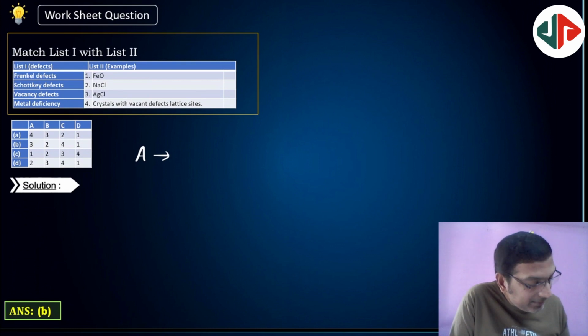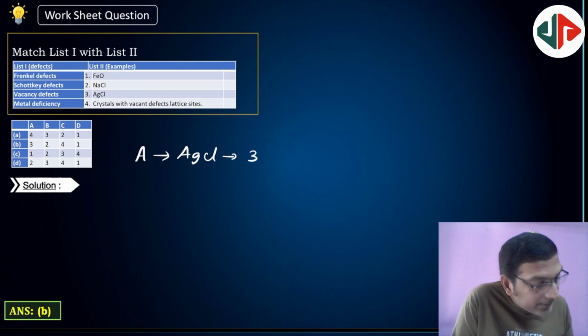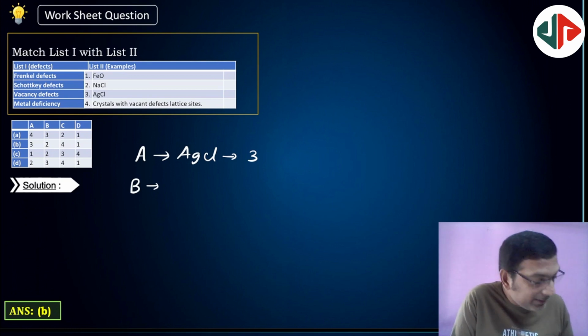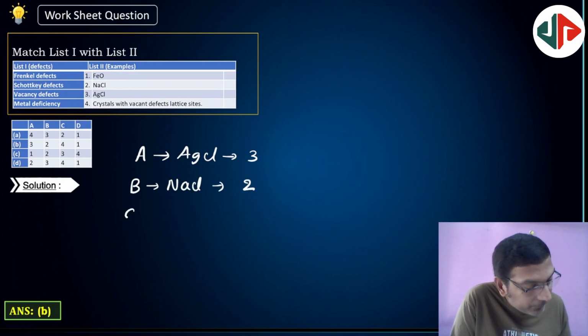Low coordination number means here AgCl, which is 3. Next, B. Schottky defect will be exhibited by compounds with higher coordination number. Higher coordination number means NaCl, which is option 2.